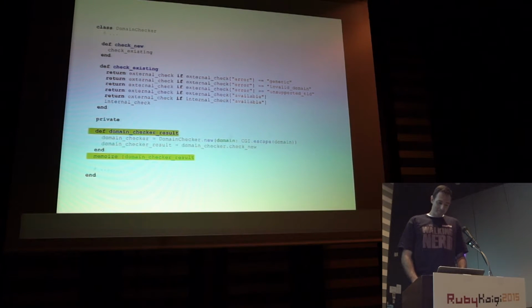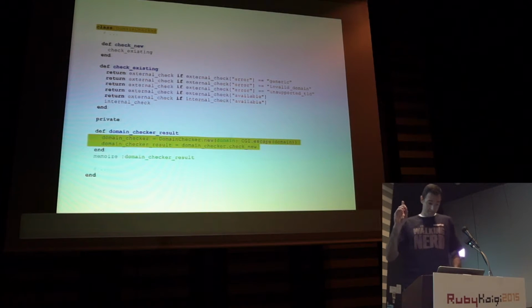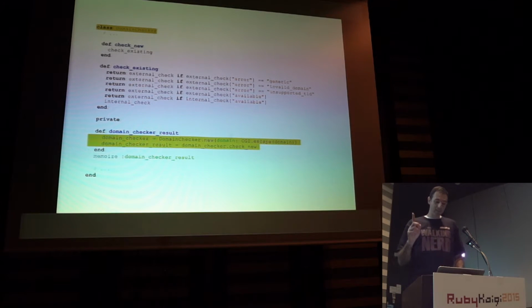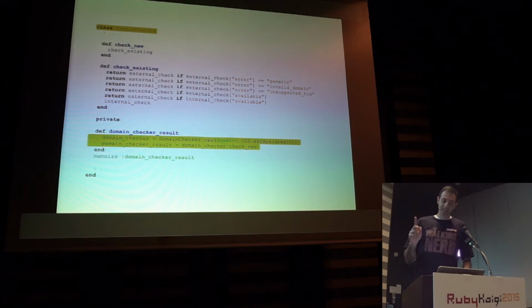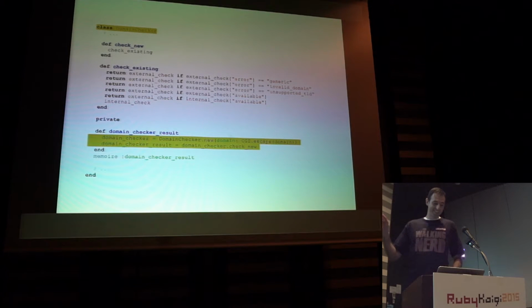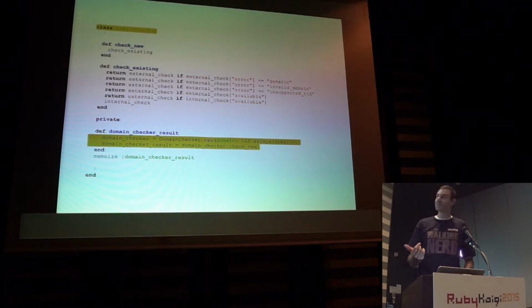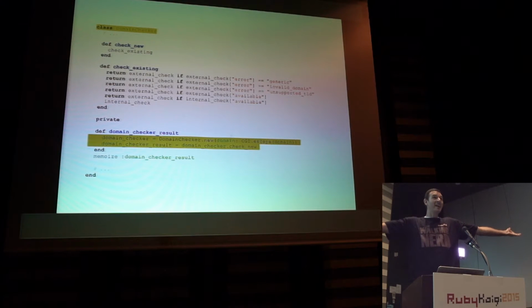And pay attention, this method creates a new instance of the DomainChecker class. An instance method that creates a new instance of itself. Why?